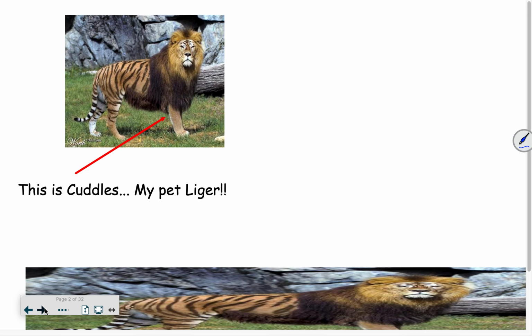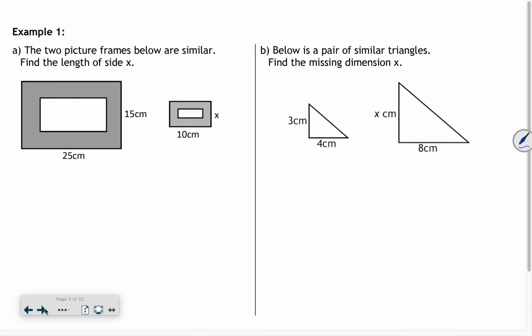So let's look at example one. It says the two picture frames below are similar. A mathematical question will always say that the objects are similar. It will always declare it for you, so that's your clue to use similarity. So we've got the old picture and the new picture. The smaller picture is the new picture because that's where the variable is that we want to work out.